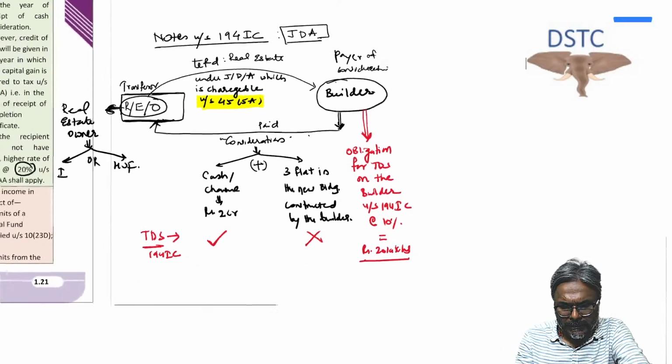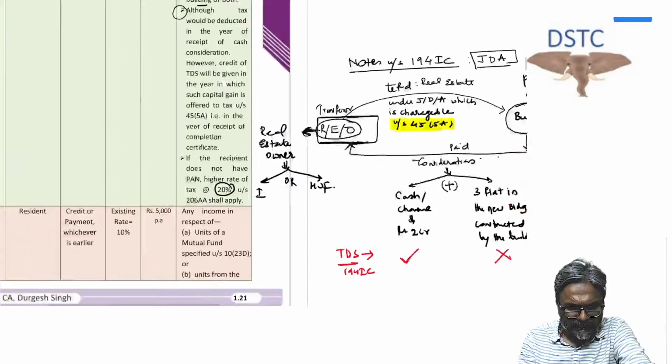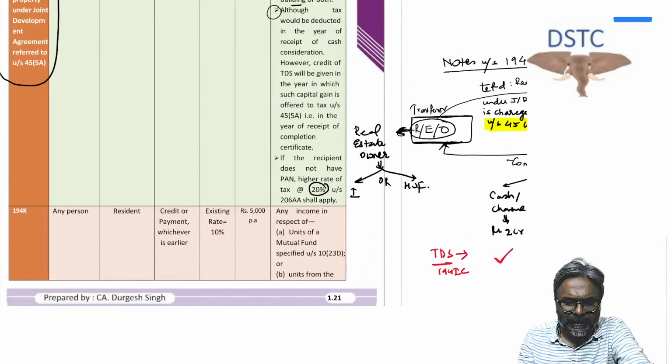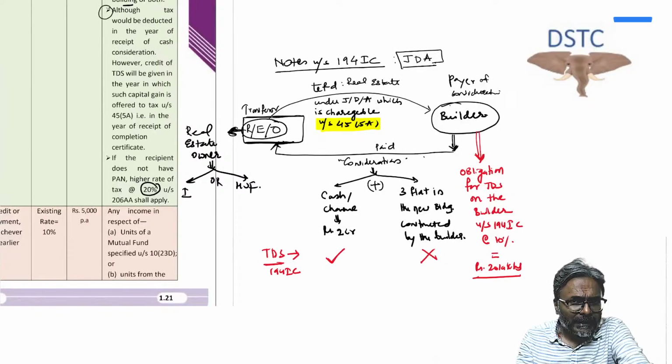So students, with this we are done with all the cases of capital gains. Be careful, students, on the rates part. 194IA, you are already aware of it, is at 1%.